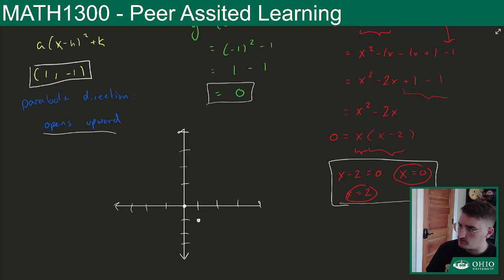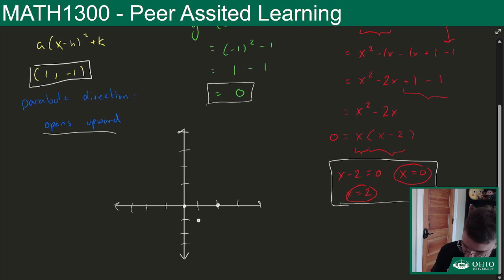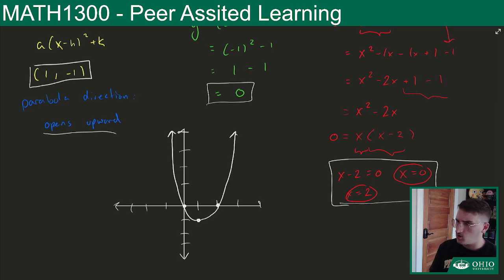And then I have another x-intercept at x equals 2, so I can fill in a point right here. Now we also know that the parabola opens upward, so we can fill in the rest of this information by drawing, not perfectly, a parabola stemming out from the vertex. And that is how we can go about graphing a quadratic.